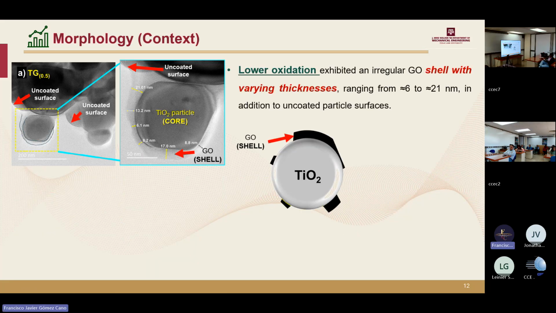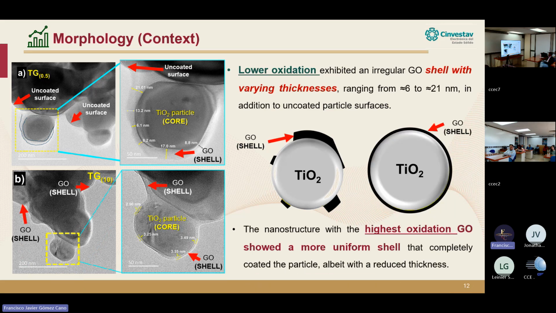In this case, with lower oxidation degree, we notice an irregular graphene oxide shell with different thicknesses ranging from 6 to 21 nanometers, in addition to some uncoated sections on the surface of the particle. Additionally, in the nanostructure with the highest oxidation degree, the graphene oxide shows a more uniform shell that completely coats the particle, albeit with reduced thickness.